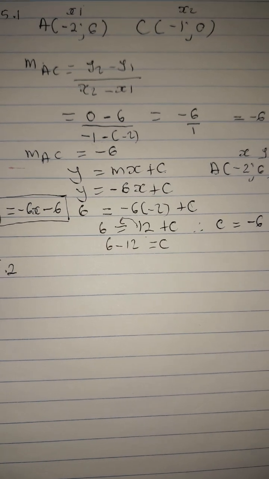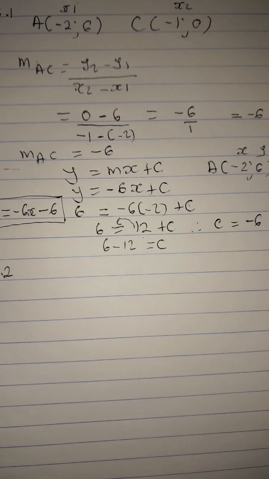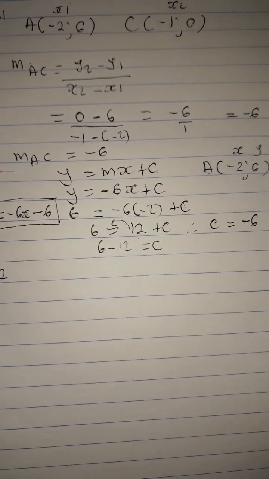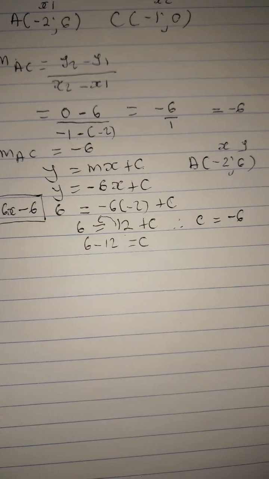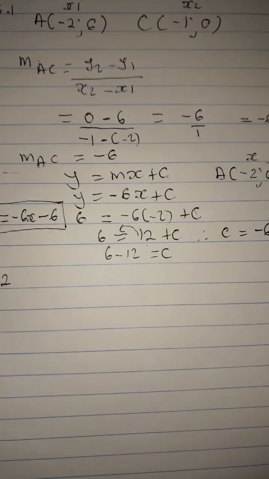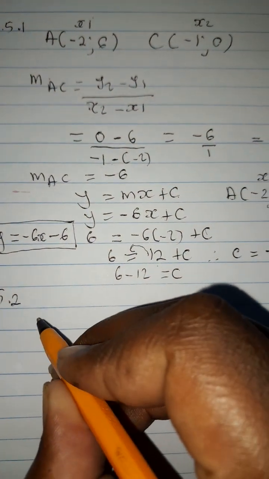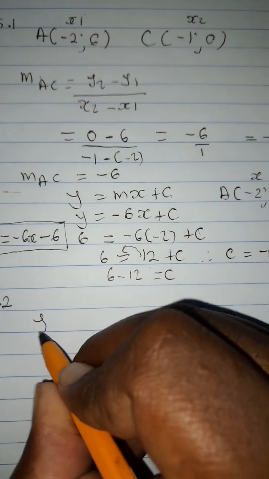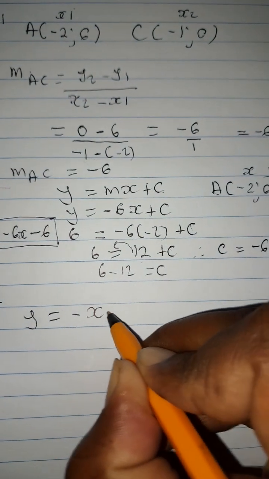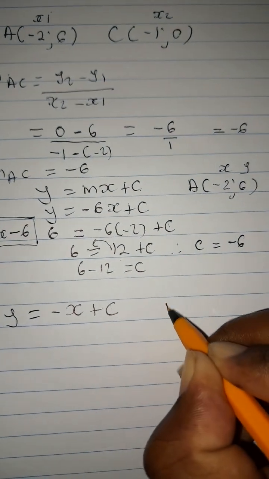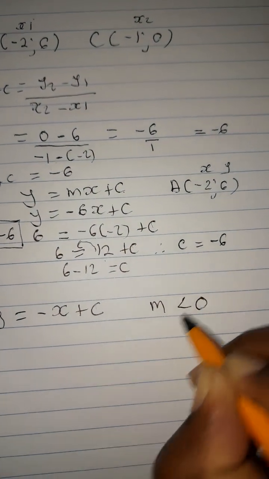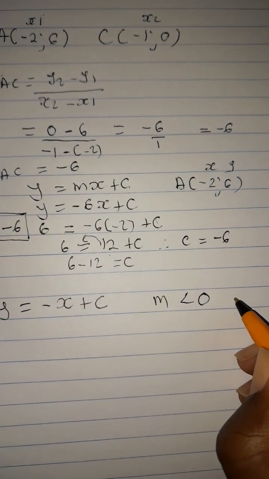Functions are very important. Then at 4.5.2, they said, determine the equation of the axis of symmetry of G with a negative gradient. When they talk about the axis of symmetry, the symmetrical line, there are two. So here they're talking about the one that is negative. So you're going to say y is equals to -x plus c, where m is negative, where m is less than 0, right?